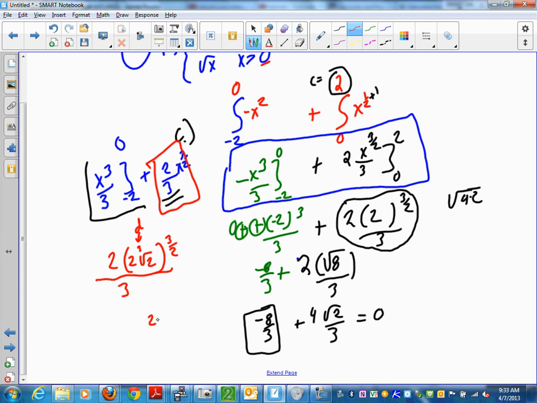But then you have to take what? Square root of it? Right? So 3/2 power, times 2, times another 2, over 3.